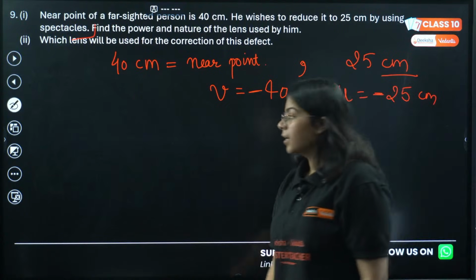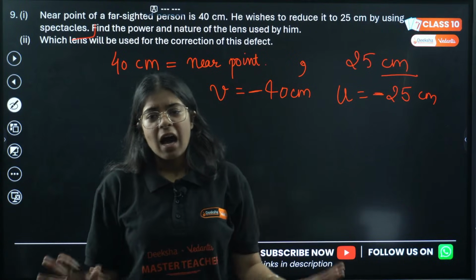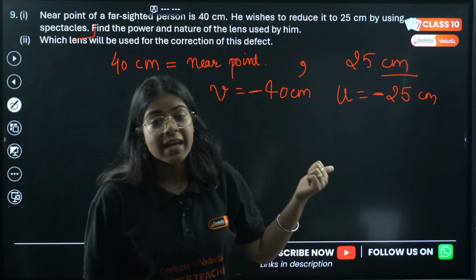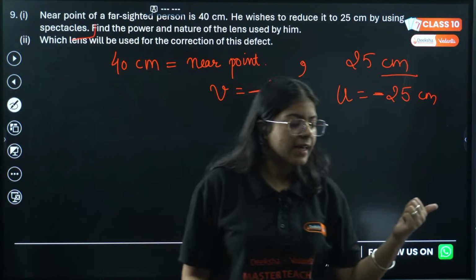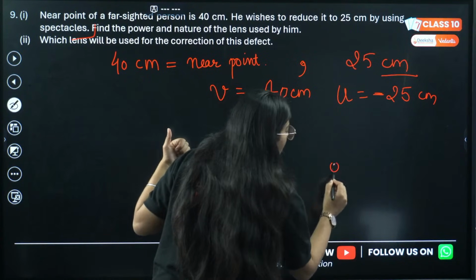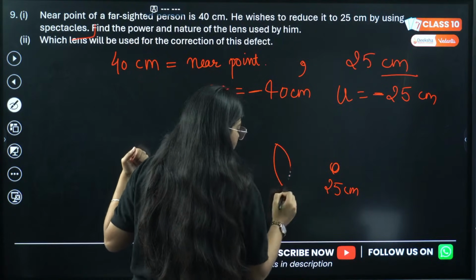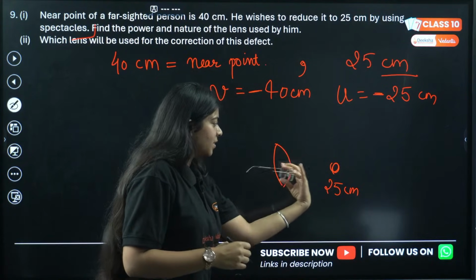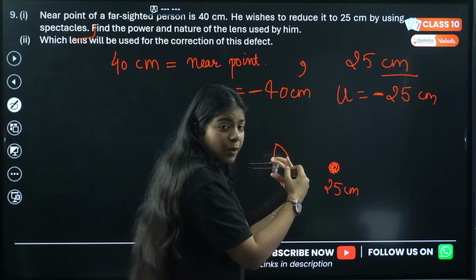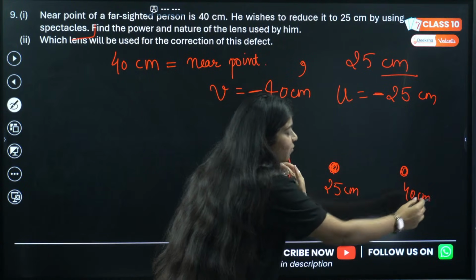Aryan is correct. You understood? This is the trick. After this, it's just calculation and formula. But you need to be very careful with choosing what v and u will be. This is my object at 25 centimeter and this is my lens. My near point, however, is 40 centimeter.